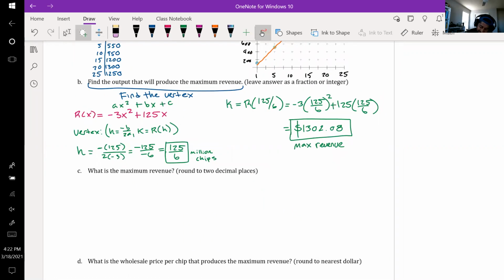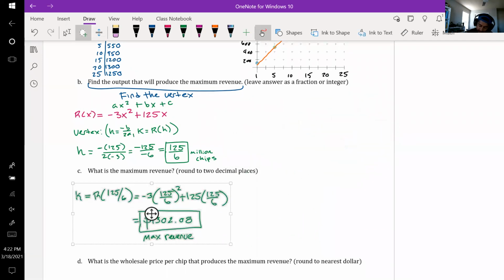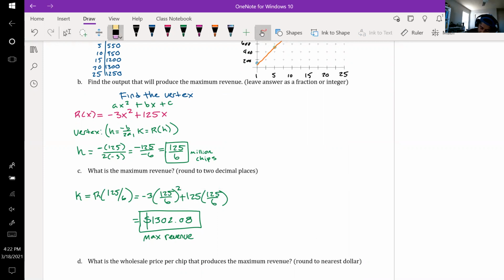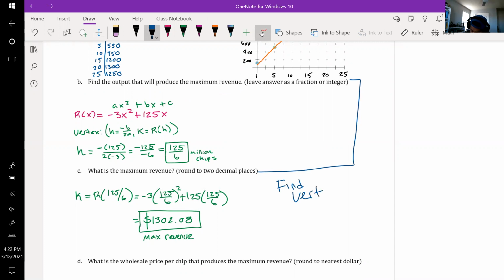So the output is 125 over 6 million chips, and the max revenue, there we go, is $1,302.08. Okay, there we go. So what I should actually put here is find the vertex. Okay, cool.